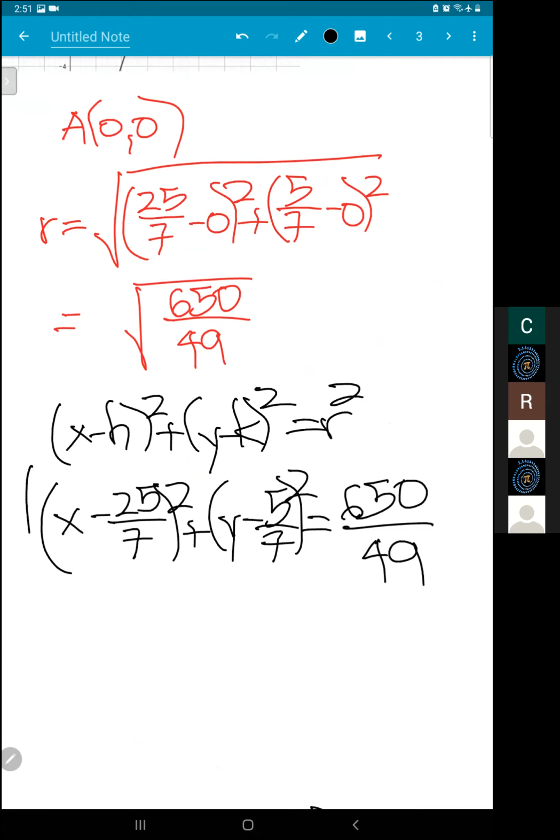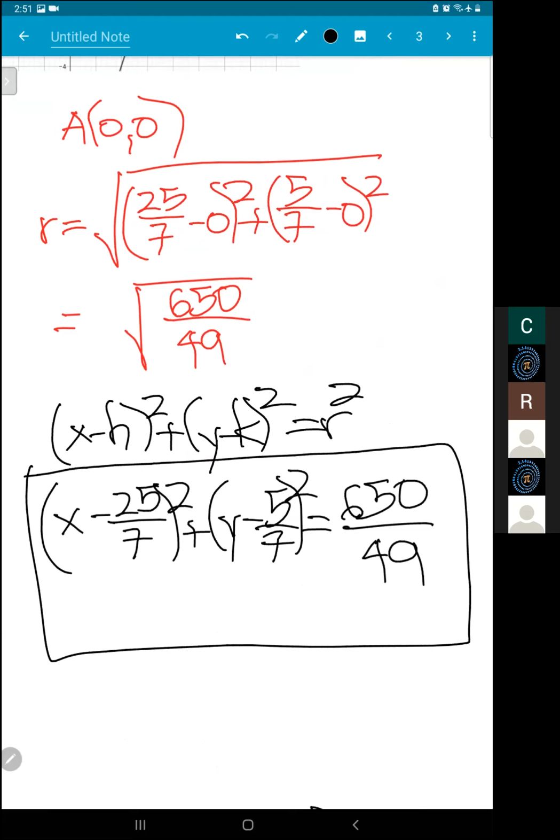So that's our equation. So yes, kahit standard form lang, unless otherwise stated na you have to convert it to general form.